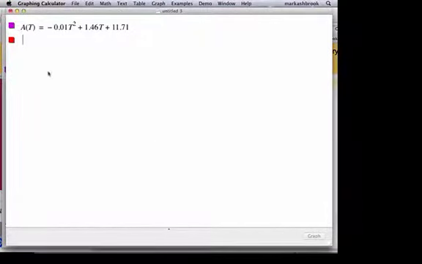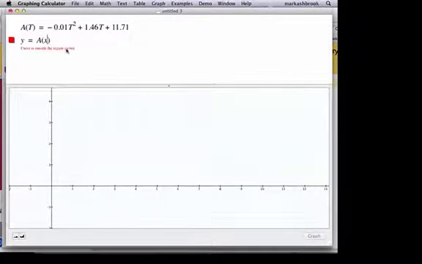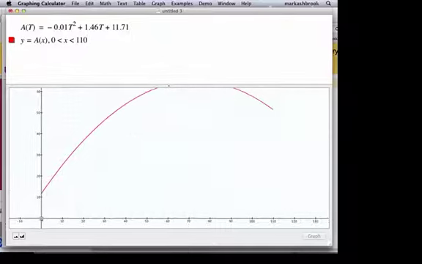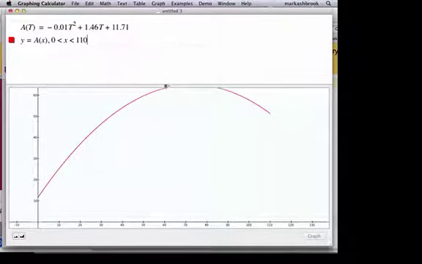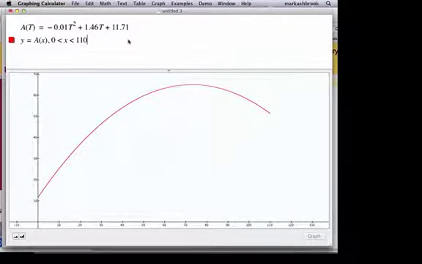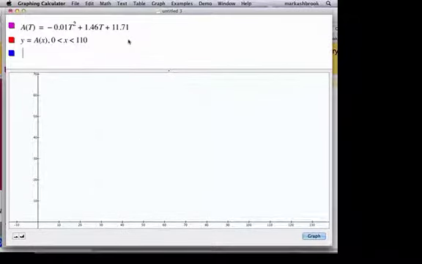So if I want to graph this easily, I do y equals a of x, and we know that we wanted that between 0 and 110. Pretty good picture there, okay? We learned how to graph points. How do we graph points? Control 2.